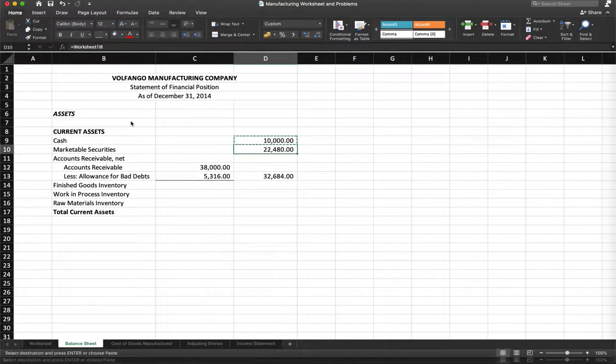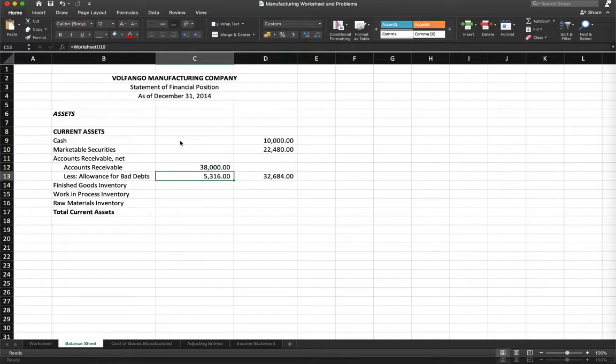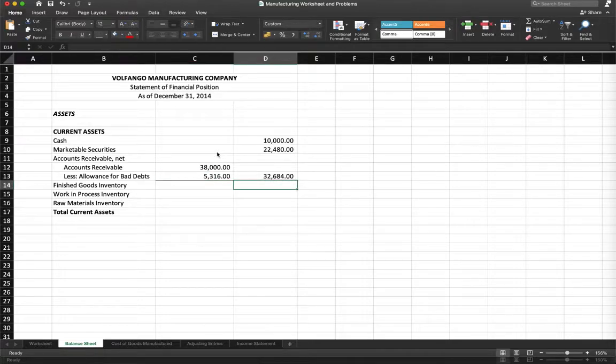Mabigyan natin siya ng hustisya. Then your AR natin ay palitan ko lang ha. Accounts receivable. Then AR net. Allowance for bad debts pala. Okay. So ito yung accounts receivable.